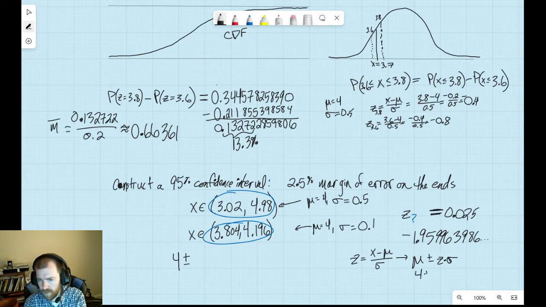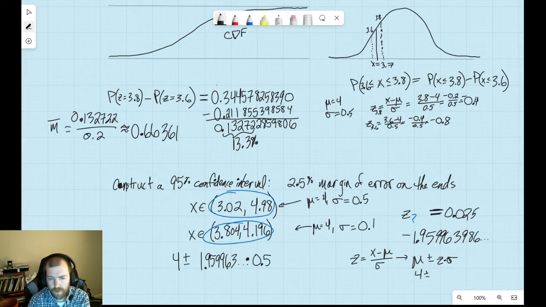Alright, so this is going to be 4 plus or minus 1.95996 3986 times our sigma. Well, okay, 0.5 for the first one, and 4 plus or minus 1.959963 times 0.1 for this one.